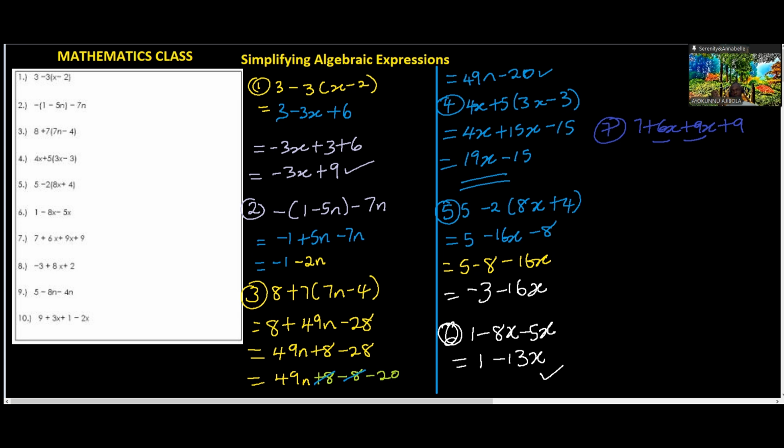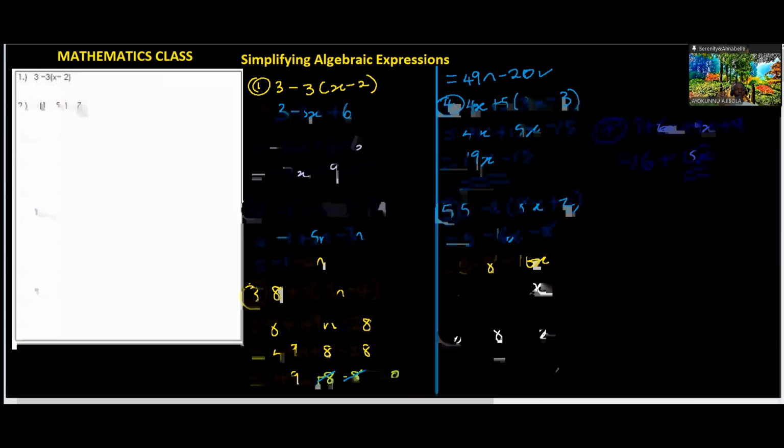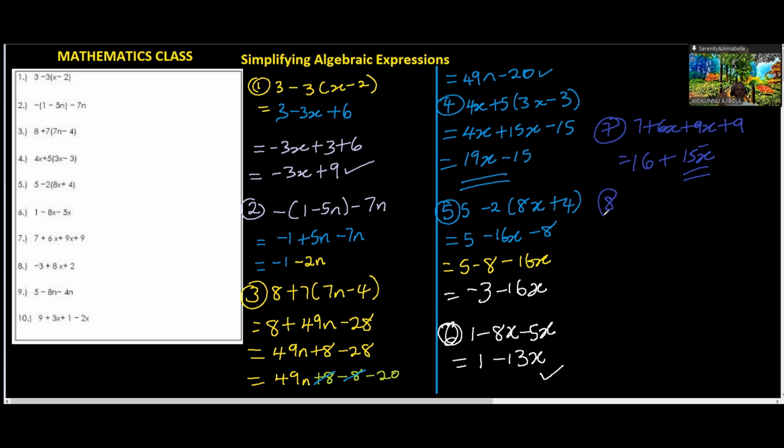So you can add those that have x and those that don't have x. So 7 plus 9 is 16. And 6x plus 9x is 15x. So that's the answer because one has x, the other doesn't. Number 8.